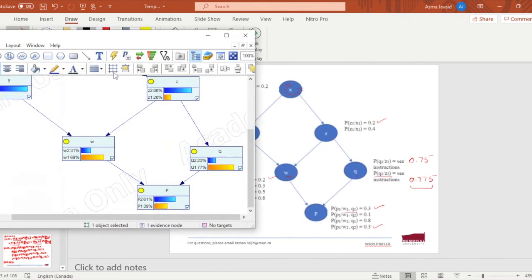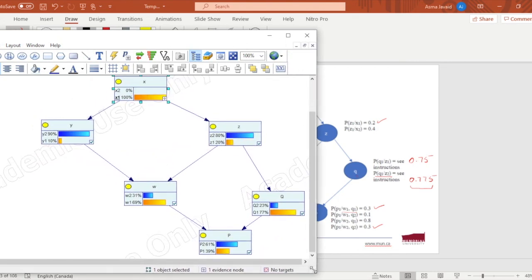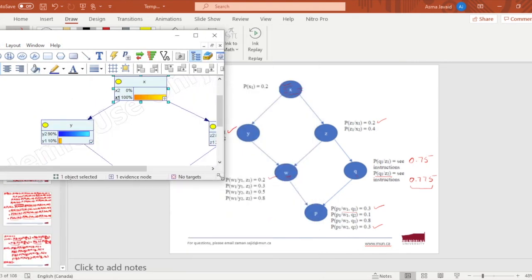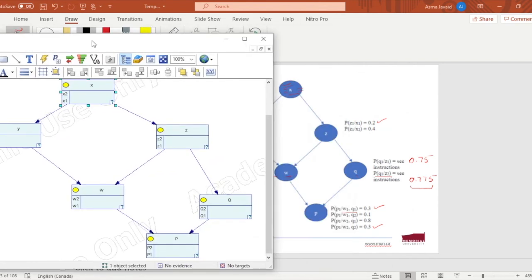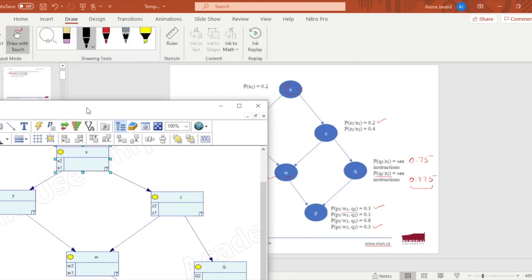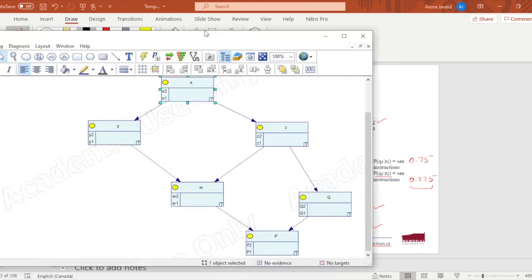So I have set up this network into the Genie. If you don't know how to use the Genie for the Bayesian network analysis, I will leave a link in the description so you can go through this. This is the network which I developed using the given information in the question statement.